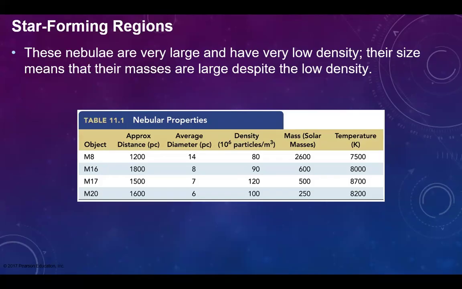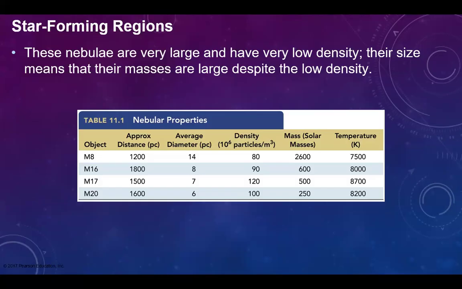So, these nebulae are still millions of times, actually billions of times less dense than the air we have. Remember, air is like 10 to the 19 particles per cubic centimeter.